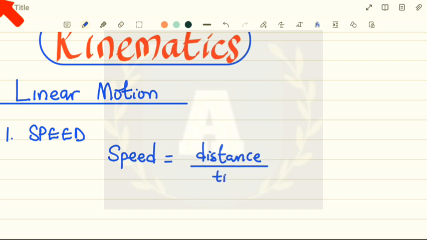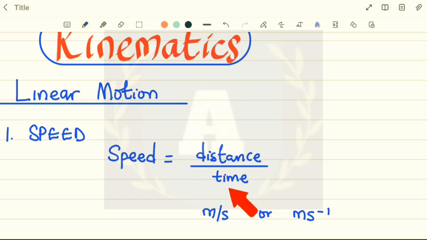That's just ordinary speed. I didn't say average speed, but just speed in its simple term, and its unit is meters per second. It can also be written in the index form as ms raised to the power minus 1. So this is the unit for speed, and it has the formula distance over time.